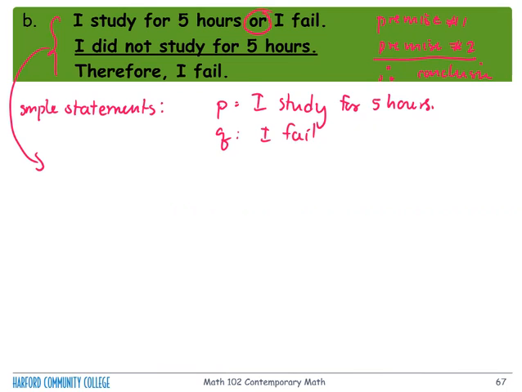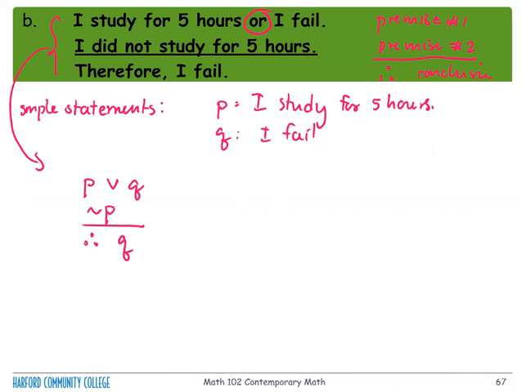Therefore, premise number 1 in the symbolic form is P or Q. Premise 2, I did not study for 5 hours, which is the negation of the statement P. Draw the line, therefore, dot, dot, dot, that's the symbolic form for therefore. The conclusion, I fail, which is the statement Q.